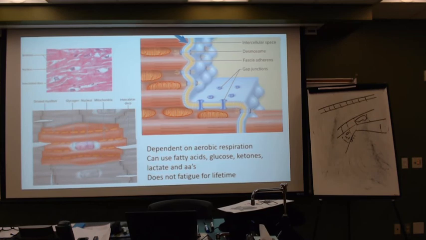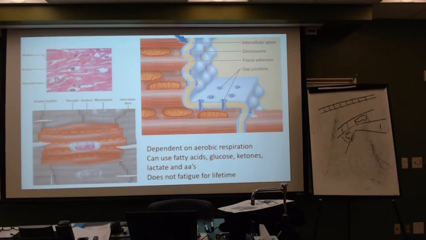So our heart muscle cannot do anaerobic. Now, does that mean it doesn't happen? Trust me, if it happens, you're not going to be living to know it, because that heart is going to stop almost immediately.